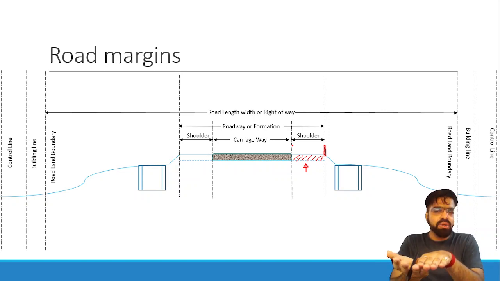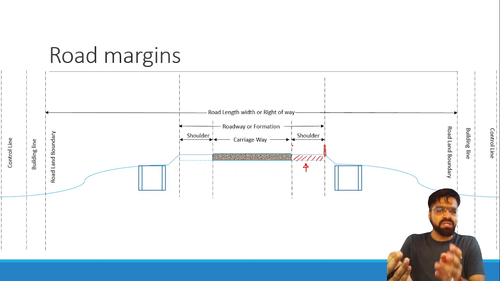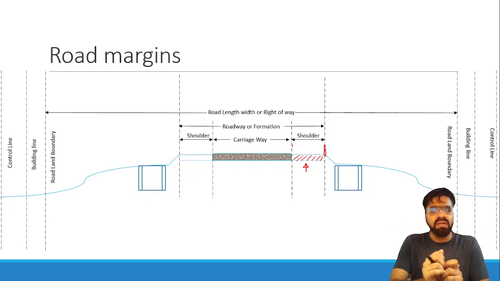If I am riding on the shoulder, it will give me a bumpy ride. Because of this bumpy ride, I'll become aware of the condition, get back into consciousness and drive my vehicle on the carriageway. So this helps us to define the road boundaries.